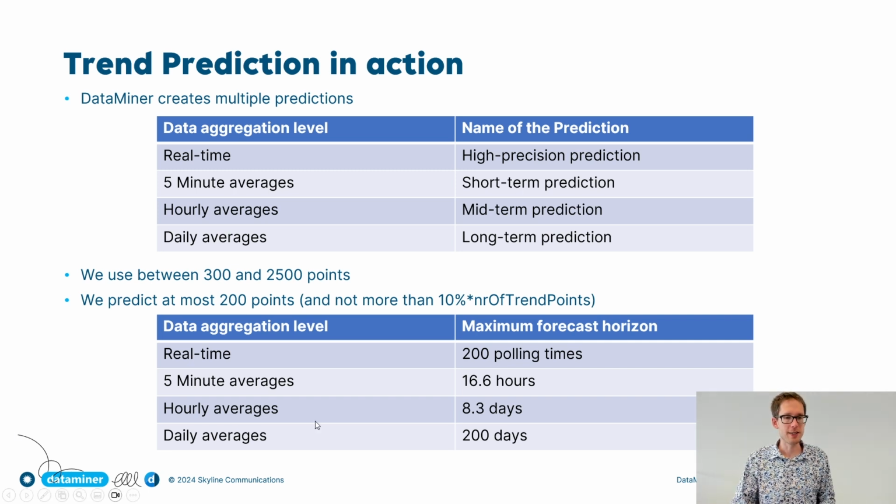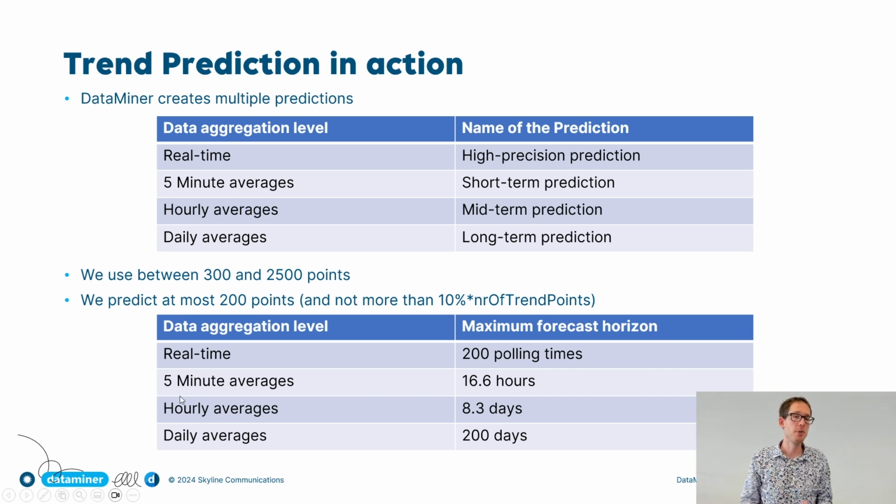Well, concretely, it means that for real-time data, say a polling time of 10 seconds, we can predict 200 times 10, so 2,000 seconds into the future. That's not a lot, but the prediction does have a lot of detail because we predict 1 point for every 10-second interval. So the prediction is very precise, which is why we call this the high precision prediction.